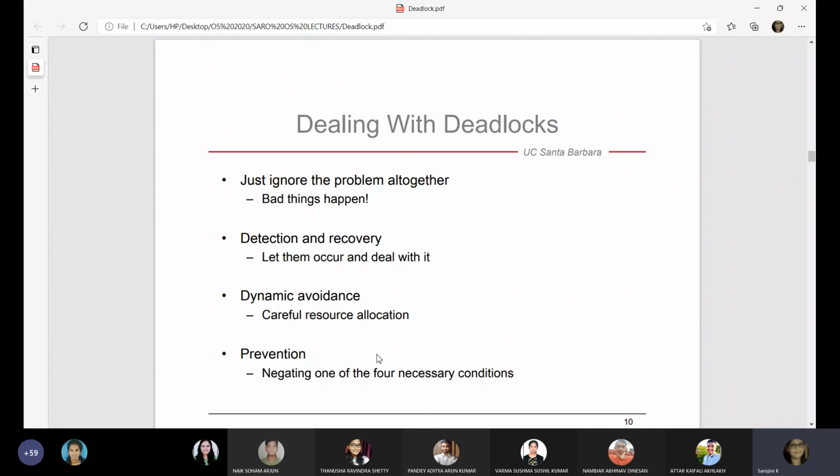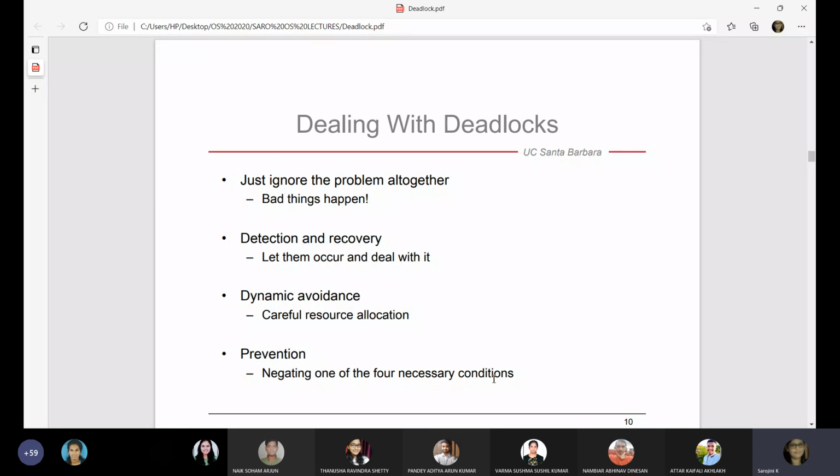Then prevention. Dynamic avoidance means careful resource allocation: when the operating system allocates resources to the processes, it allocates in such a way that the deadlock will not happen. But prevention means negating one of the four necessary conditions. We saw four conditions for a deadlock to occur.